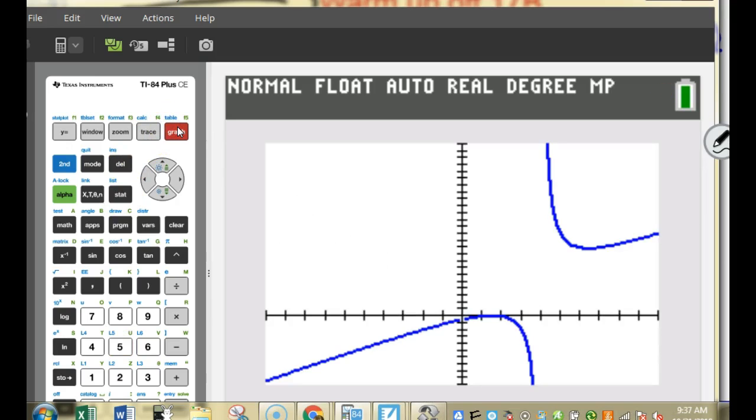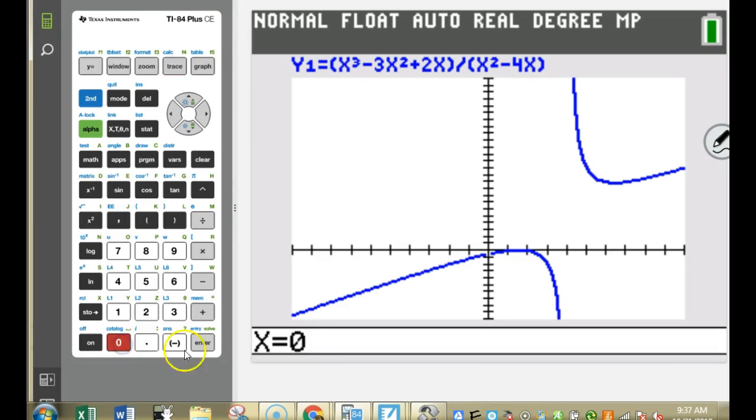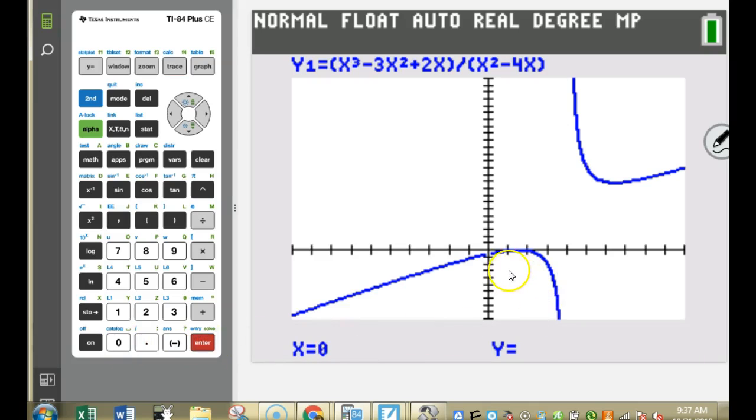There we go. All right, if I trace, interesting, what happens if I trace 0? Nothing, right? Because that was where the hole was. It did barely cross at 1 and then went back down at 2.